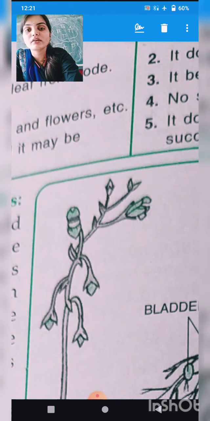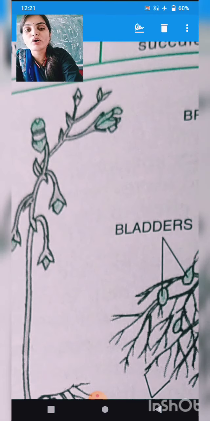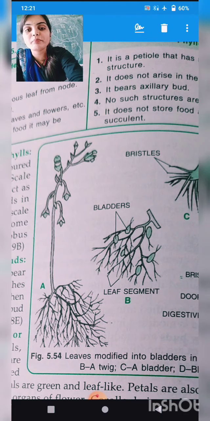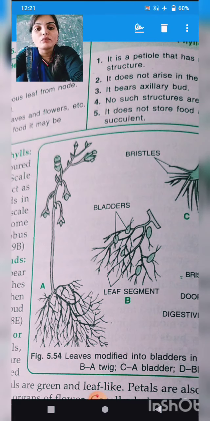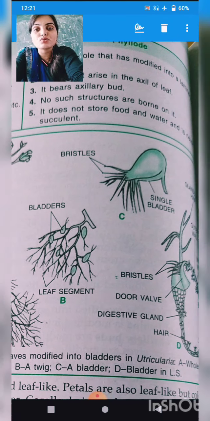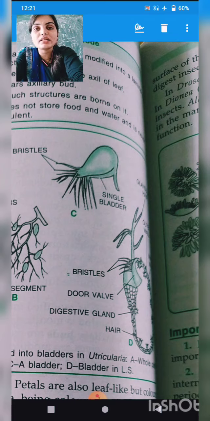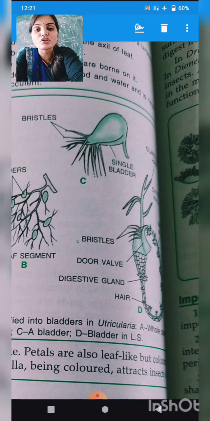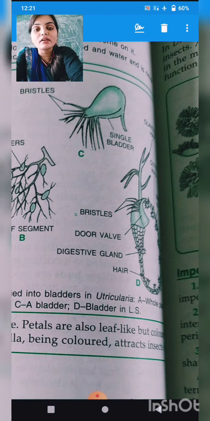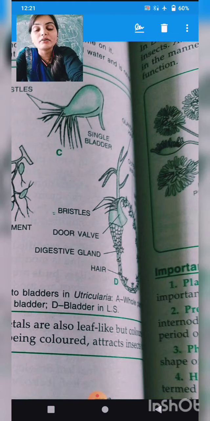Also in B, where the leaf segment is written, you are able to see the bladder-like structure. In C diagram you are able to see the leaf is modified into a bladder-like structure. In the last, bladder cut, in the diagram you are able to see the LS of bladder. LS is a longitudinal section of the bladder.